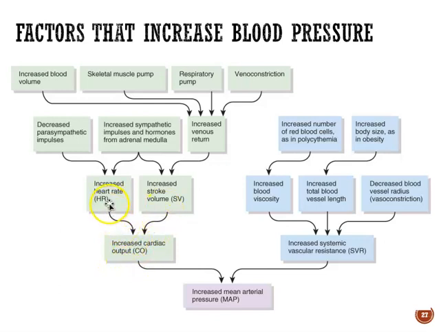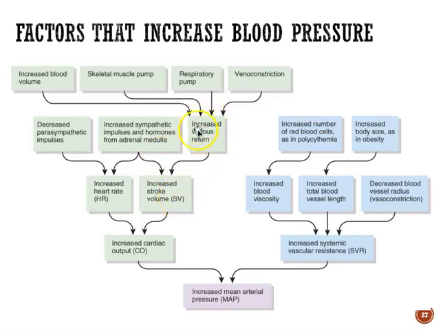We know cardiac output is heart rate times stroke volume. So if we increase either one of these two things, we will increase our cardiac output and we'll increase our mean arterial pressure. Okay, well, how do we increase our stroke volume? Well, through more sympathetic impulses, hormones such as, again, norepinephrine, epinephrine, will increase our stroke volume.